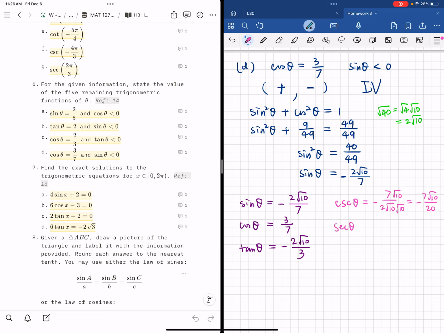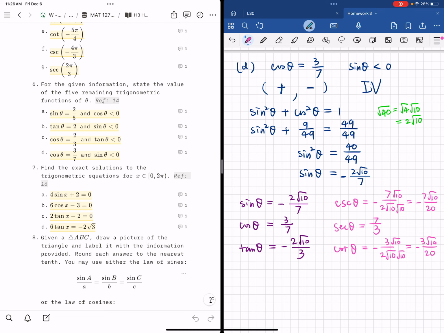Secant will be the reciprocal of cosine, so 7 over 3. Then cotangent will be the reciprocal of tangent, negative 3 over 2 radical 10. Rationalize this, radical 10, radical 10. This will be negative 3 radical 10 over 2 times 10, which is 20.